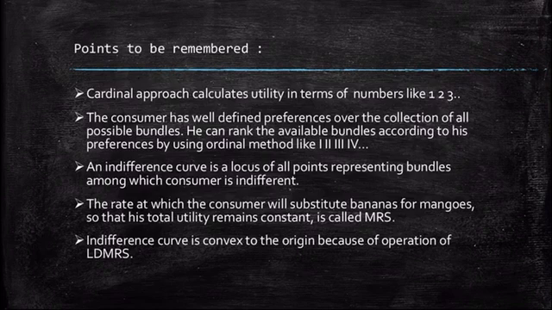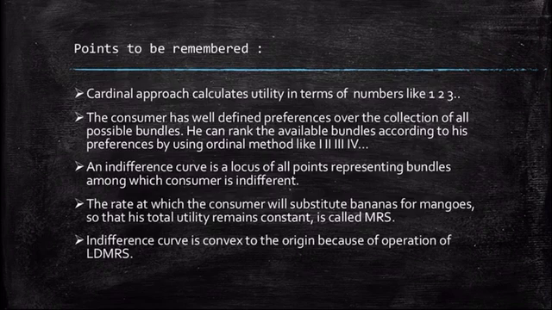If you remember that example, he was ready to sacrifice 3 units of mangoes for the first extra unit of banana. Then he was ready to sacrifice only 2 units of mangoes for that extra unit of banana. And finally he was ready to sacrifice only 1 unit of mango to get 1 unit of banana.